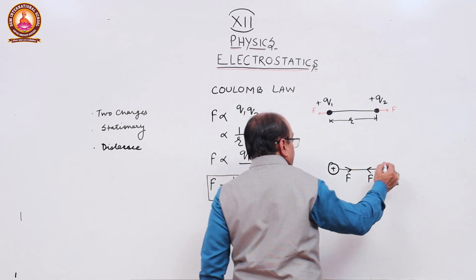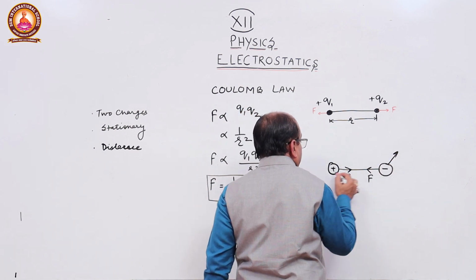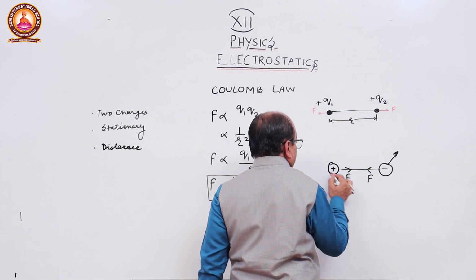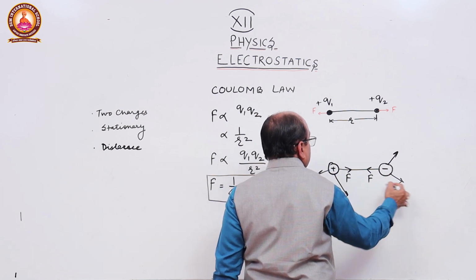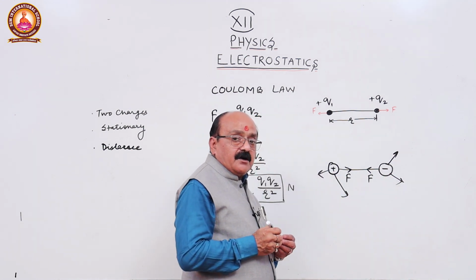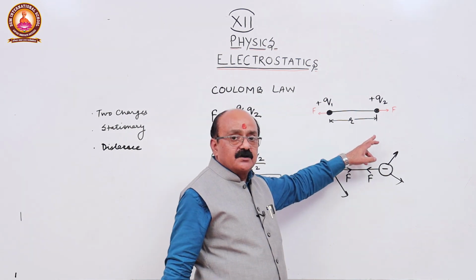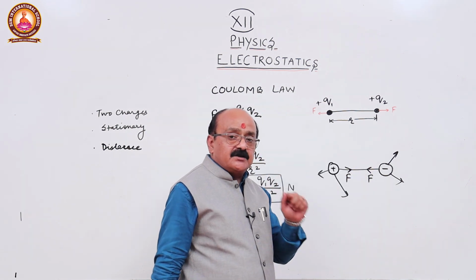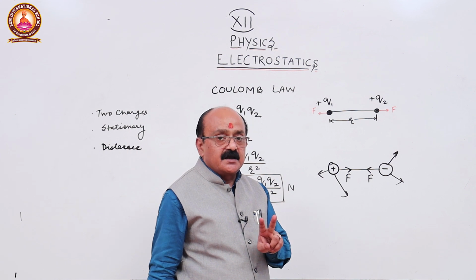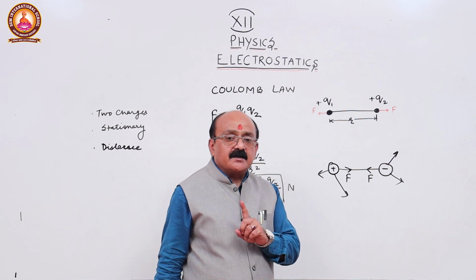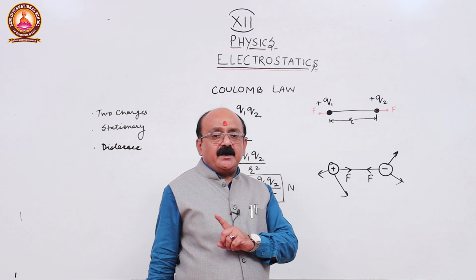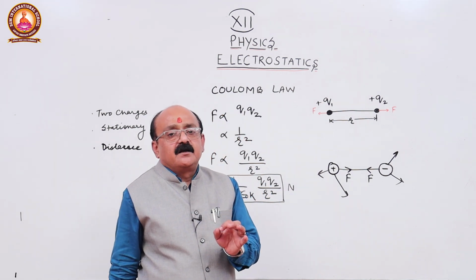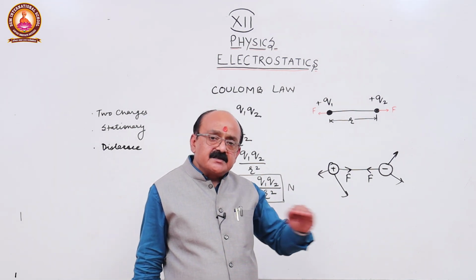They will never feel the force this way or this way or this way. Always the direction of force will be on the line joining the two charges. Remember this point, and this will be very beneficial for you in all these chapters.